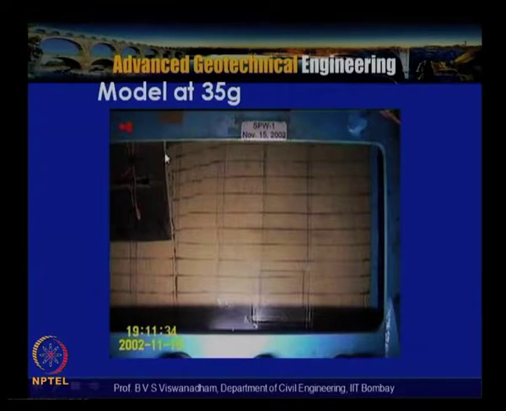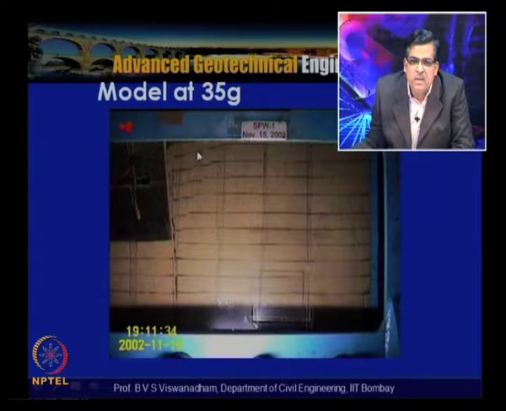This shows that the wall has undergone a permanent deformation, and the bottom portion is not subjected to any movement. This portion has undergone multiple cut-like slip planes, and at the top this has also been observed over the breadth of the container, because we have taken a plane strain container.